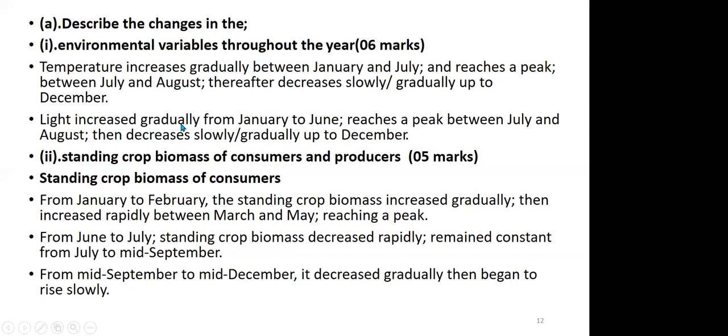The light increases gradually from January to June, then reaches a peak between July and August. This means that this is the time it is brightest, and then it decreases slowly or gradually up to December. Then for the standing crop biomass of the consumers, from January to February it increased gradually, then increased rapidly between March and May, reaching a peak.